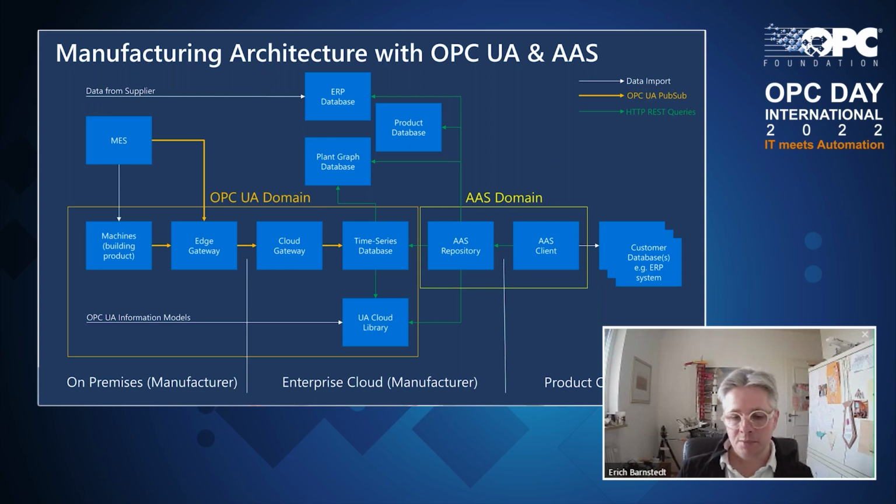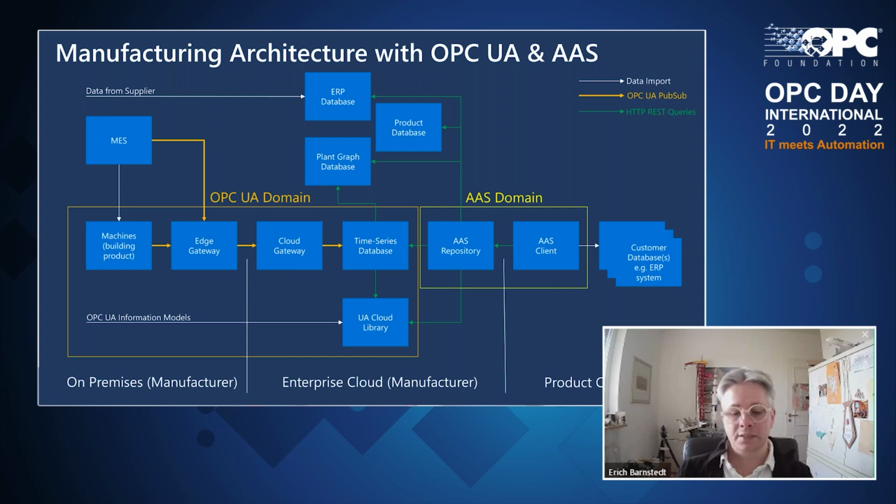And then you're going to need an asset admin shell client, which is probably something your customer down your supply chain needs. If you're part of a supply chain, your customer will need an asset admin shell client to access the asset admin shell repository and download the asset admin shells included in it, so it knows all the data that the customer needs, for example, for calculating carbon emissions.